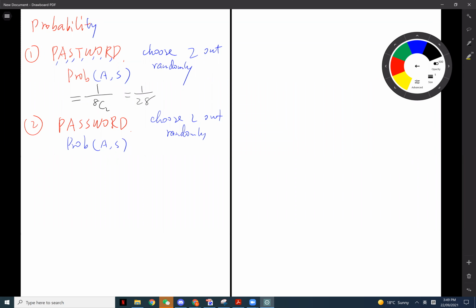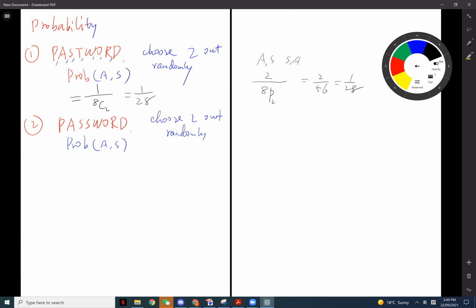Okay. Tony used the other way. Tony said, oh, my denominator is 8P2. And the top, you could have AS or SA. So 2 ways. 2 out of 56, 1/28.